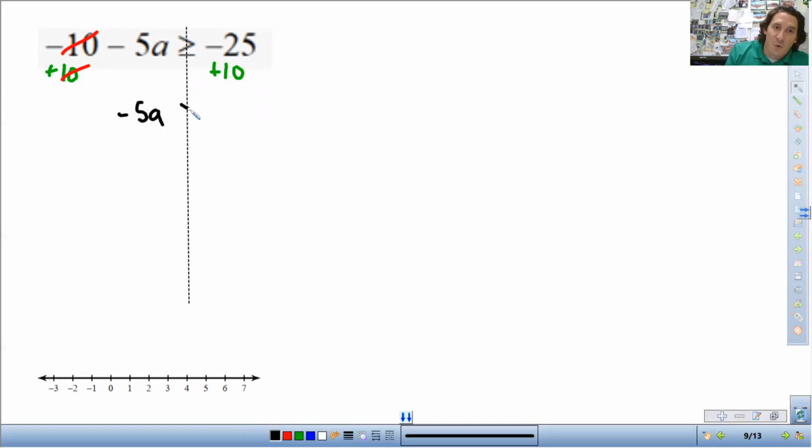You only flip if you're multiplying or dividing both sides by a negative. So this opens up the same way. -25 is to the left of 0. I add 10, so I'm going to count to the right. So I'm going to get closer to 0. I'm going to be at -15. Then I'm going to divide both sides by -5.